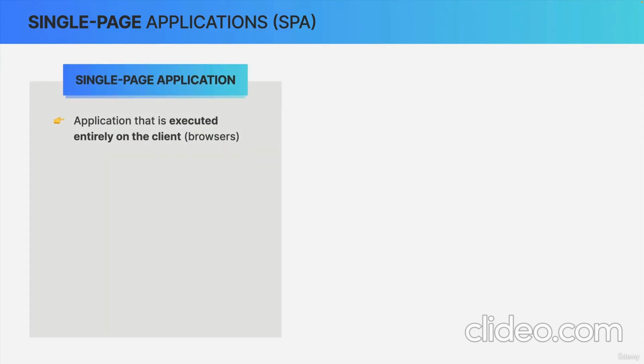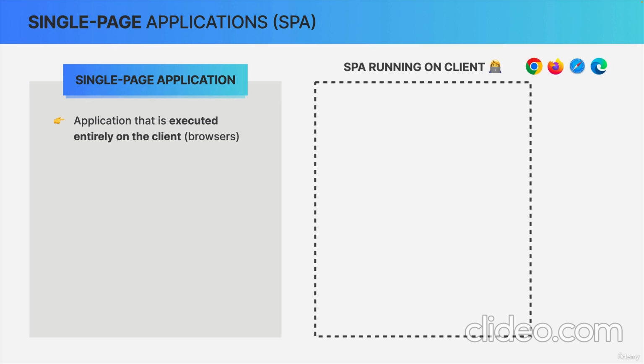So single-page applications, or SPAs for short, are web applications that are executed entirely on the client, so only in the user's web browser. And just like we discussed before, single-page applications rely heavily on the concept of routes, where different URLs correspond to different views. And here is how single-page applications work.